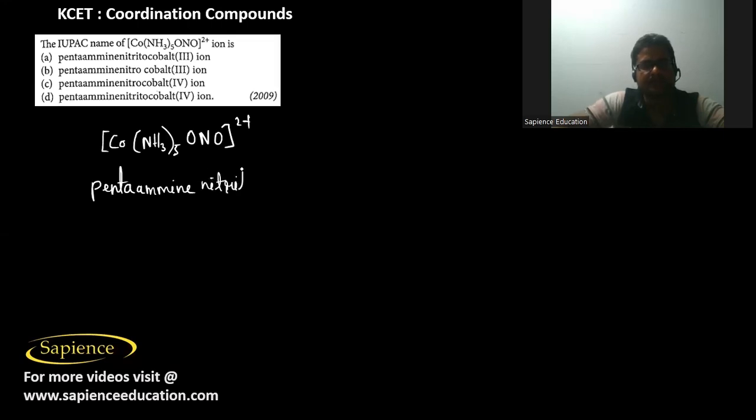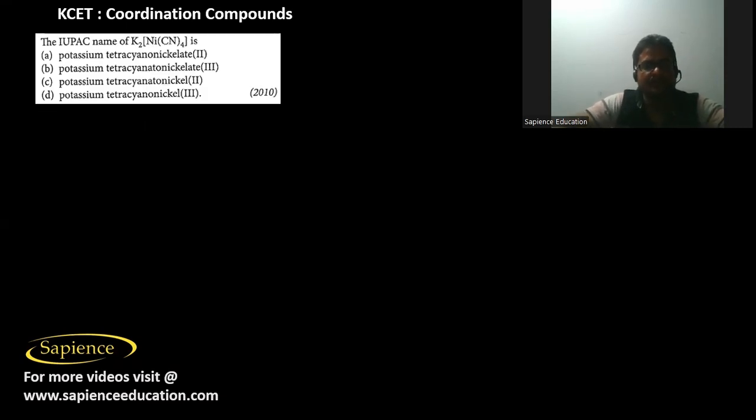So it is nitrito, cobalt(III), since here cobalt is in plus 3 oxidation state, since ONO has minus 1 oxidation state, which is the nitrito ion. So it is pentaamminenitritocobalt(III) ion. So option A is the correct answer.